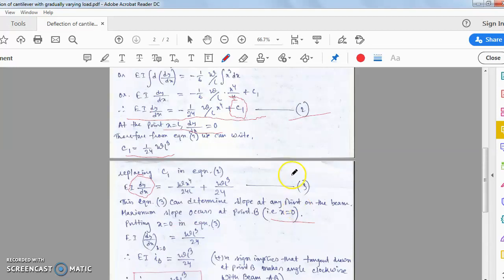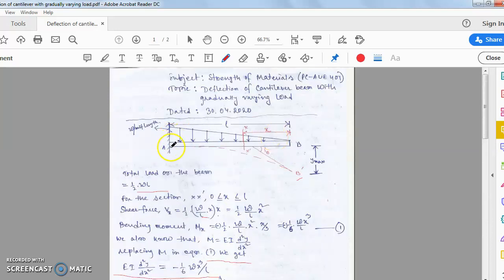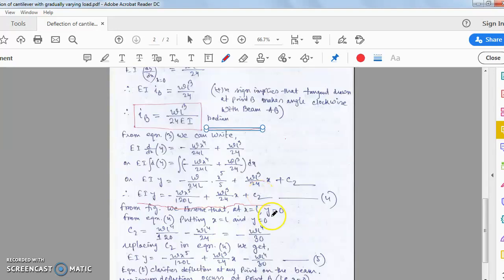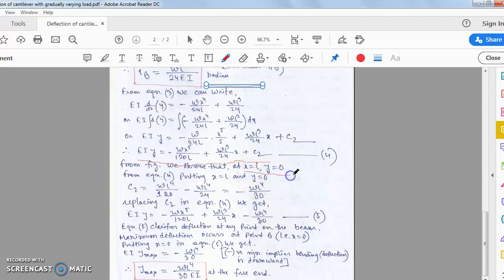At the point x equal to L, that means at point A, there is no deflection at all, so y equals 0. Put this boundary condition in equation 4 and we get the value of C2. Put the C2 value back in equation 4 and we get equation 5. Equation 5 helps determine the deflection at any point on the beam.